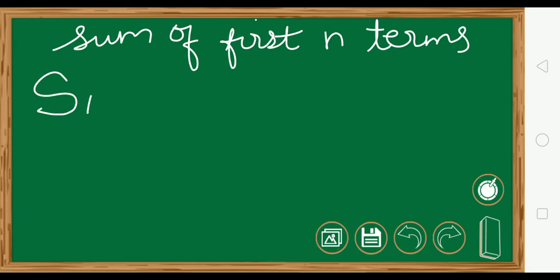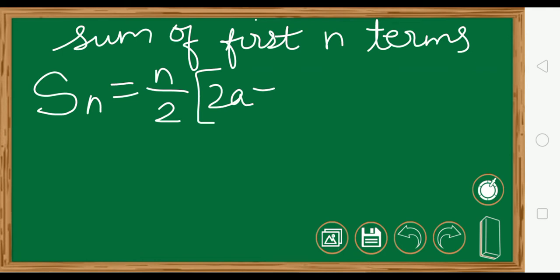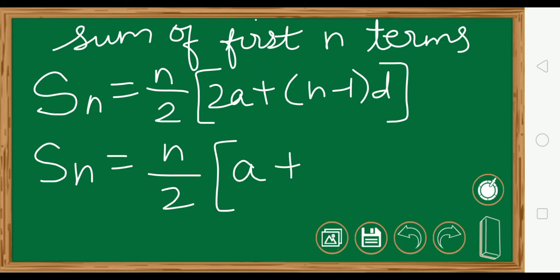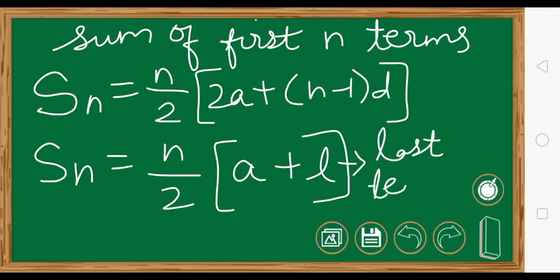So first formula is Sn is equal to n upon 2 (2a plus (n minus 1) d), and second formula is Sn is equal to n upon 2 (a plus l), where l is the last term. L means the last term which you are going to find.